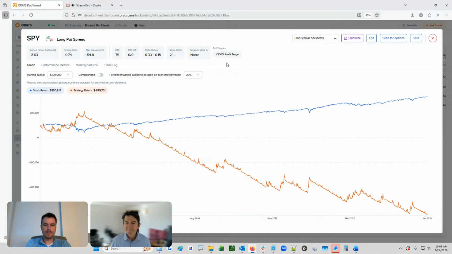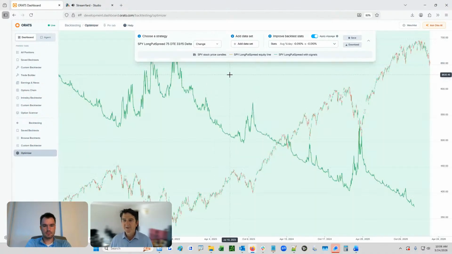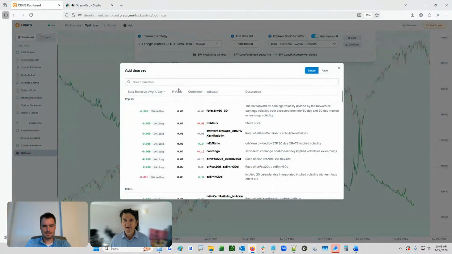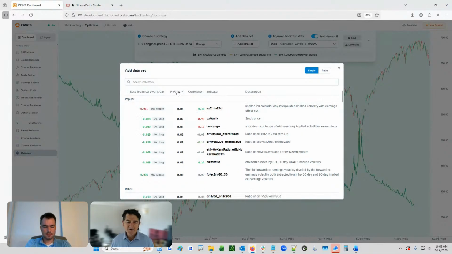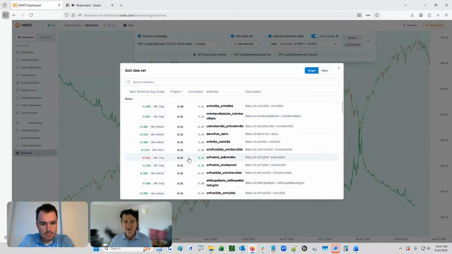Yeah. So let's optimize this, and it may or may not work the way I want it to work, but we'll see. When you optimize, you add a data set. I usually sort on p-value. I usually like to see something that makes sense, that's simple, like a volatility type thing here.